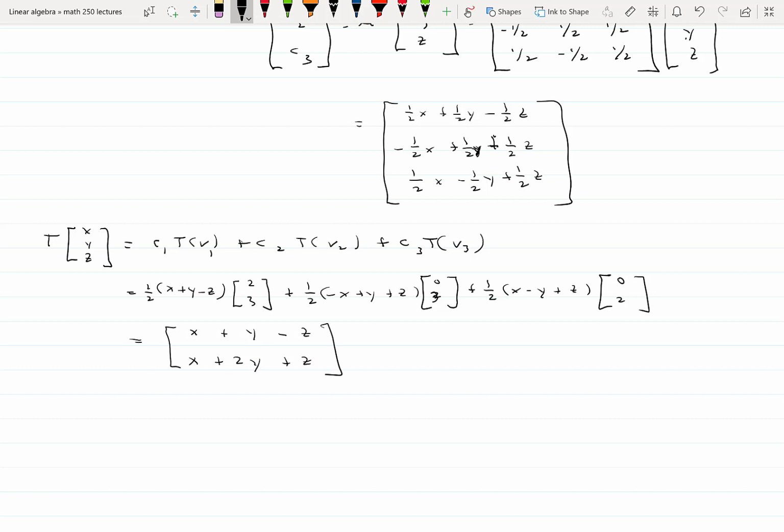So the important thing here is if we know what the transformation does to each and every basis vector in the domain, we can figure out what the transformation does to any vector in the original vector space. This is huge in linear algebra.